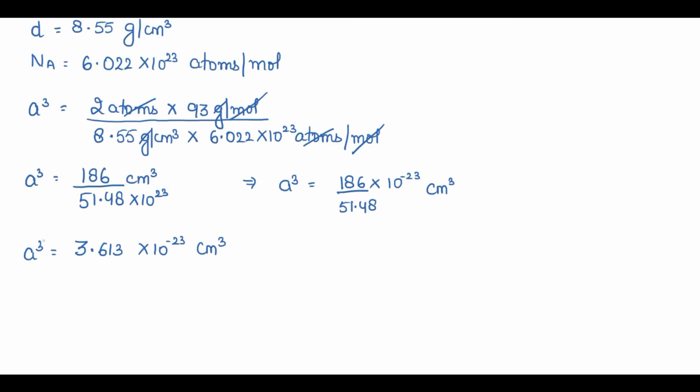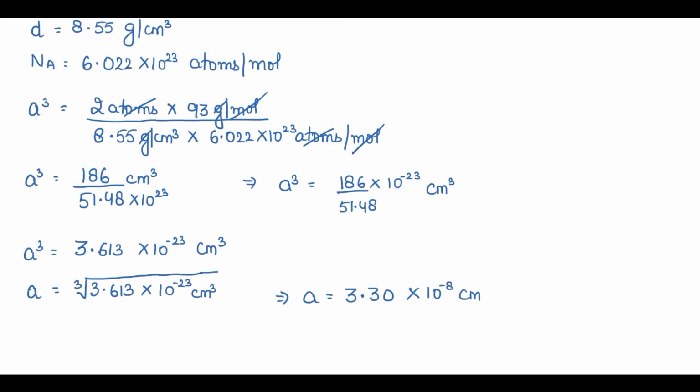Now, to cancel the cube on a cube, I'll simply take cube root on both sides, right? So the cube will be cancelled with the cube root, and this value will have cube root. It will be a equal to cube root of 3.613 into 10 raised to power minus 23 centimeter cube. When you solve the cube root, your answer will be a equal to 3.30 into 10 raised to power minus 8 centimeter.